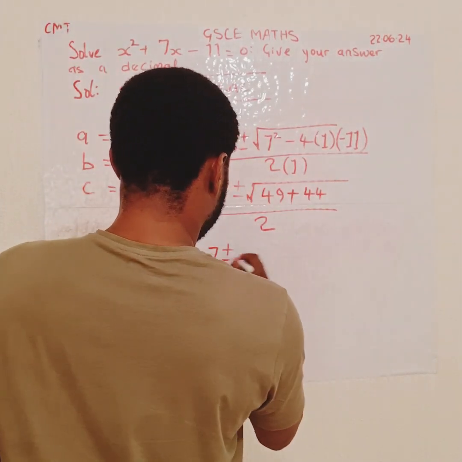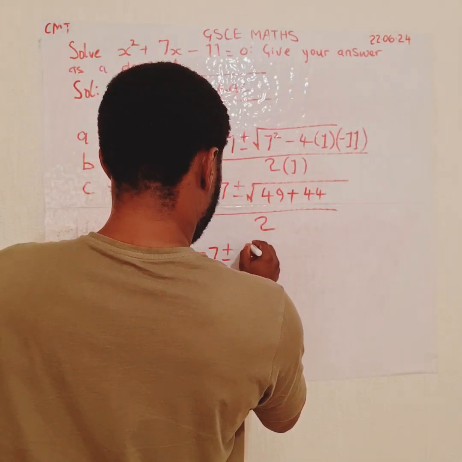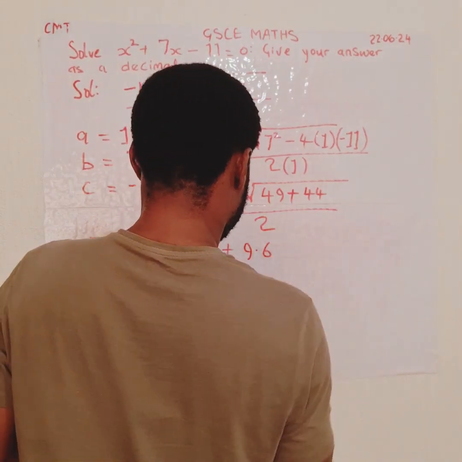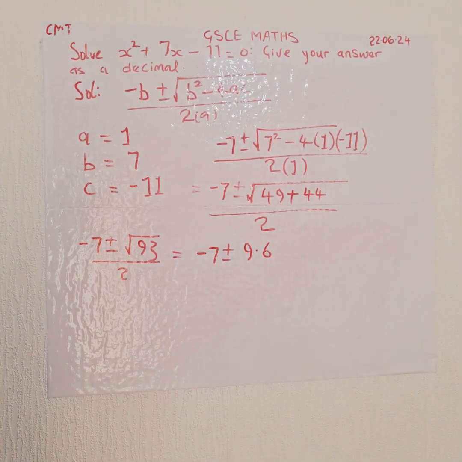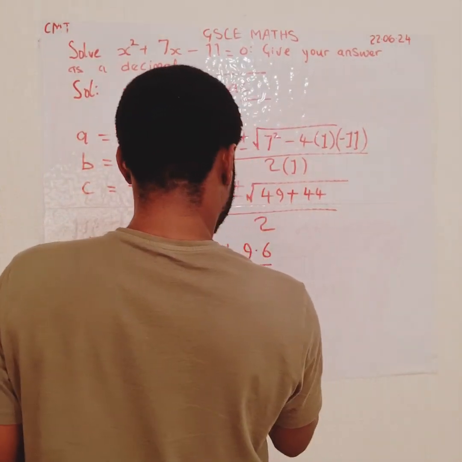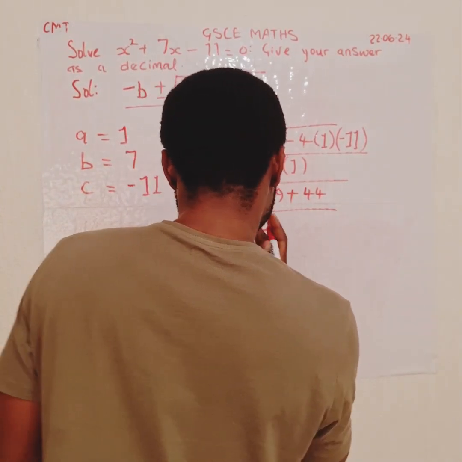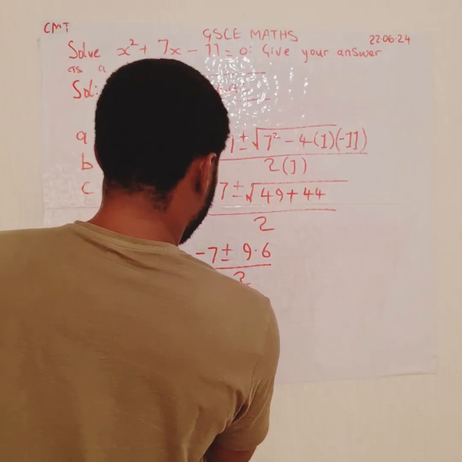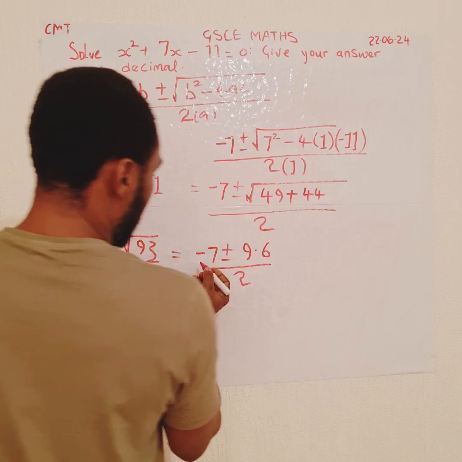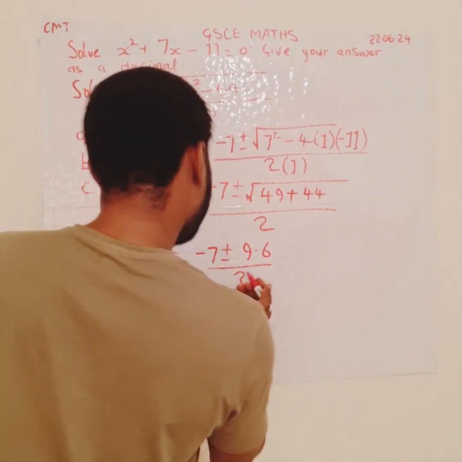To the nearest single digit, I would have 9.6, divided by 2. Take this further, we'll have minus 7 plus 9.6, or minus 7 minus 9.6.